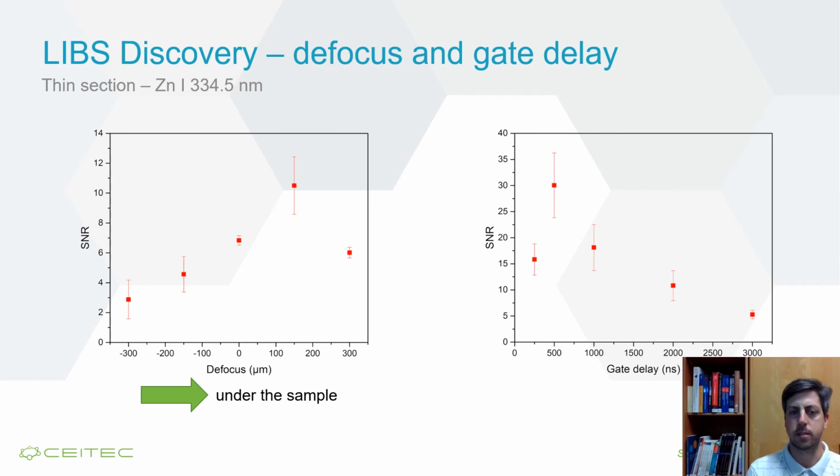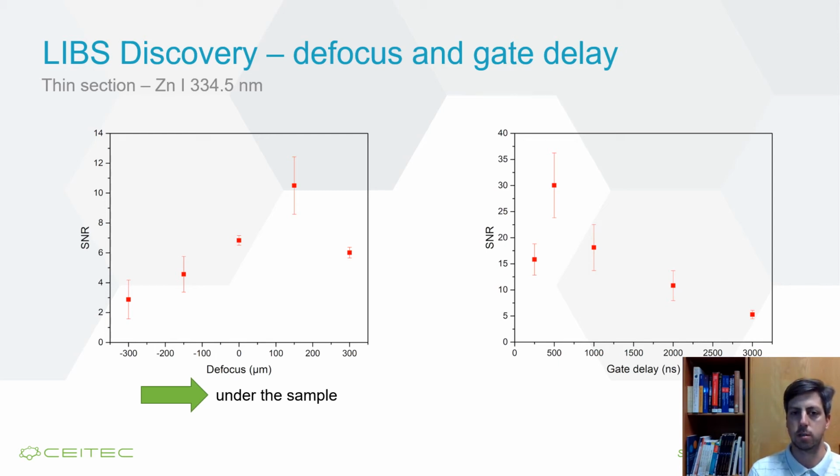Other parameters that we have investigated are defocus and gate delay. On the left, you can see that the defocus was studied in a few hundred microns, and with increasing from left to right, the focus was getting under the sample surface.